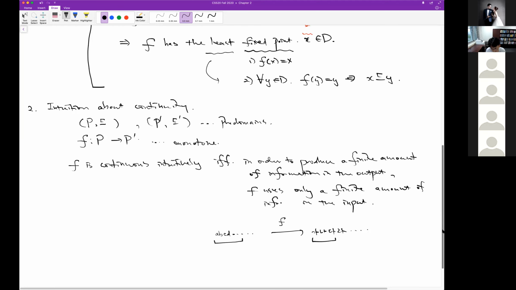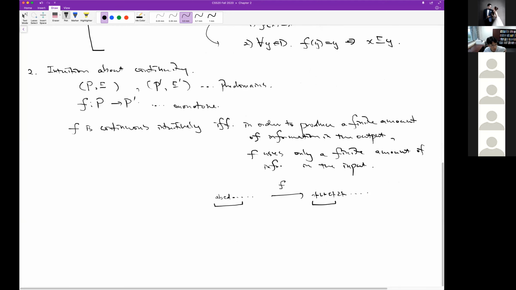But here is a concrete result that I want you to prove, to see that's really the case. Let's think about two pre-domains, which are actually both domains.